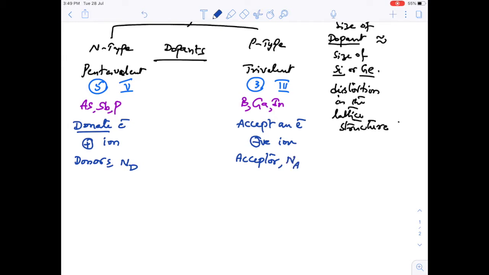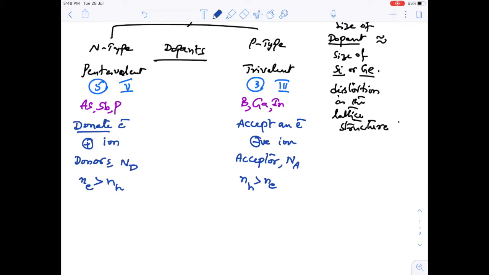And because they are donating an electron, there is a disturbance created in the equilibrium concentration of electrons in intrinsic semiconductors, that is Ne is equal to Nh. So, that is disturbed, and because they are donating electrons, electrons will be more in number. Therefore, Ne is greater than Nh. And in P-type, holes will be greater than Ne, because they are accepting an electron, creating a hole.